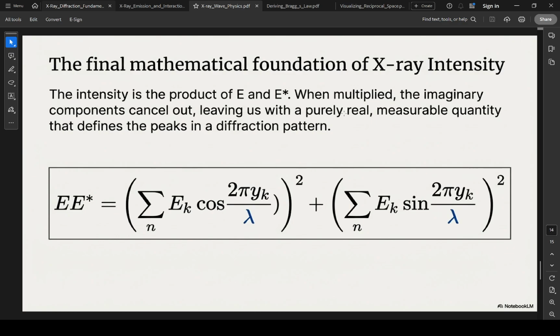And this formula will help us in understanding Bragg's law and the difference in intensities we get for different scatterings.